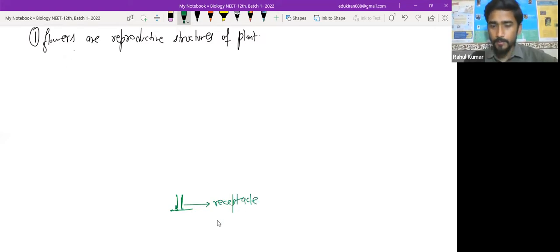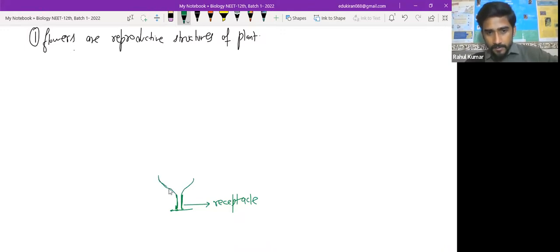And you all should keep drawing with me, leave some space because we'll reach till here. So receptacle, just like reception, receiving, okay? Reception is which receives everything. So the receptacle is the first thing that is attached to the branch, that keeps the flower and the plant together, okay? As we move away from the receptacle, you will see that it starts bulging into this kind of a structure.